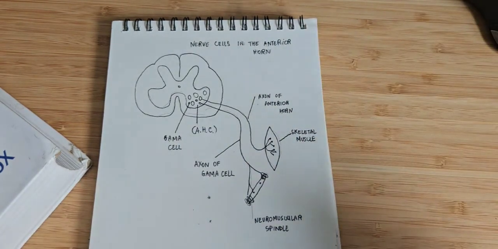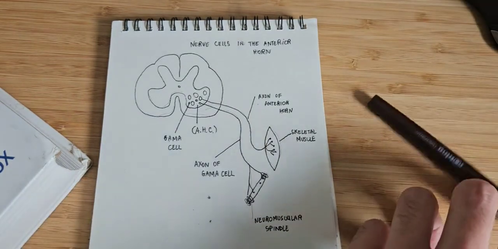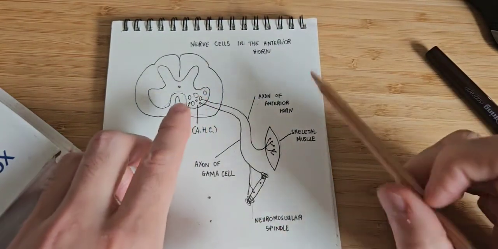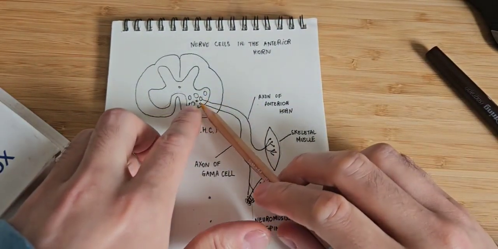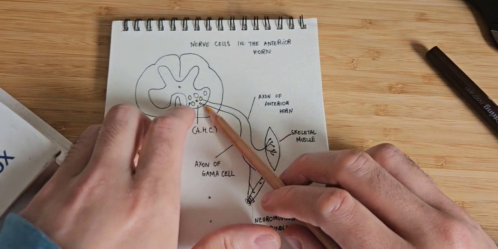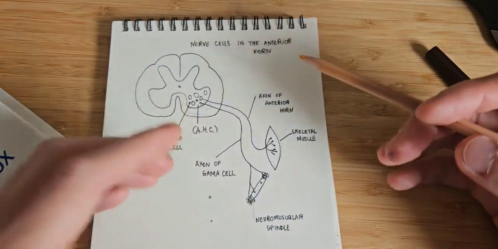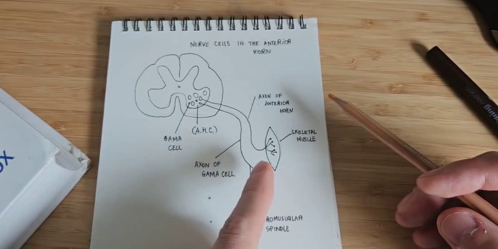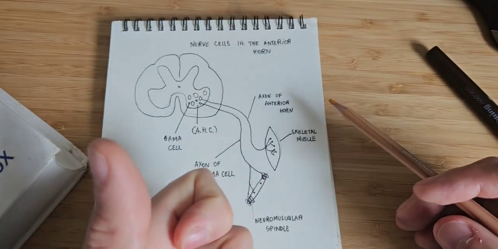Okay, let me just add some extra thing here. The anterior horn cell will be responsible for generating the neural impulse that controls skeletal muscle contraction.